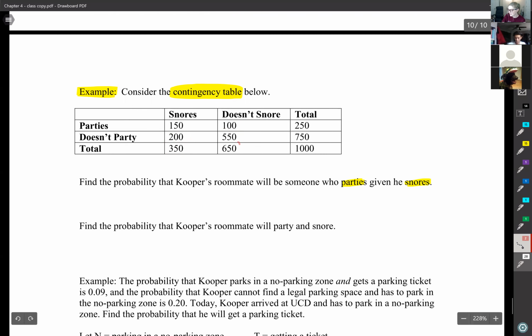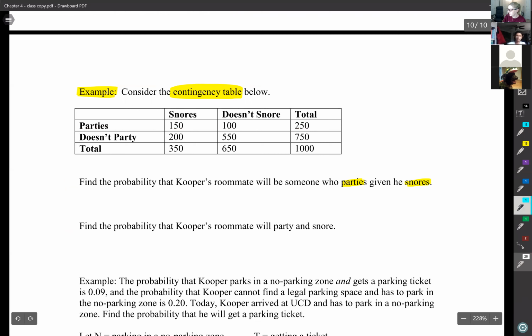So total, that's 650 people who don't snore. And then same this way, this is 150 people who snore and party, 100 that don't snore and party. So this way you get 250 people that party. So that's how you read one of these tables off, and they are helpful when you're doing things like conditional probability. So let's try and do this example and this example, and we'll probably stop.